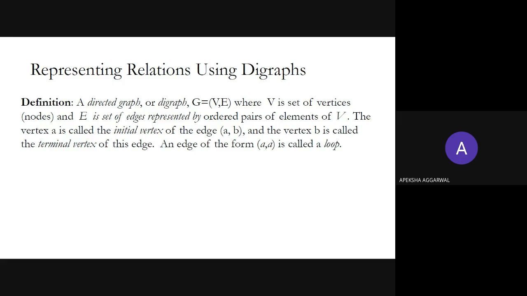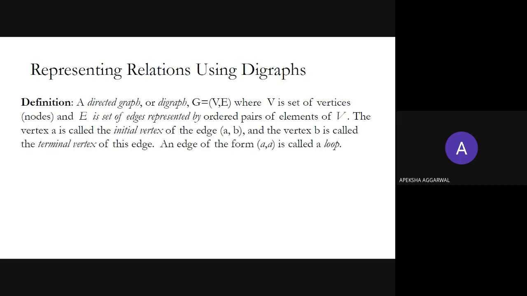ARB is always about ordering, so ARB is not equal to BRA. If A is related to B, that doesn't mean B is related to A. So we will represent this using directed graphs. An edge from A to A is called a self loop.